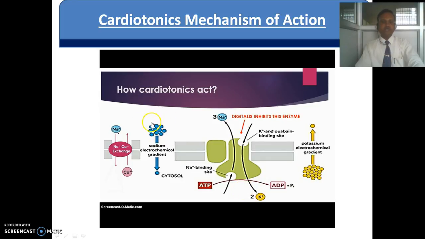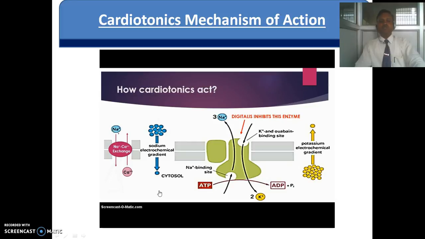Now, if there is diffusion dependent upon the concentration gradient, then potassium will naturally flow out of the cell and sodium will flow naturally into the cell. But this does not happen. These two pumps, these two exchange mechanisms, maintain the concentration of sodium and potassium across the cell membrane in a particular manner.